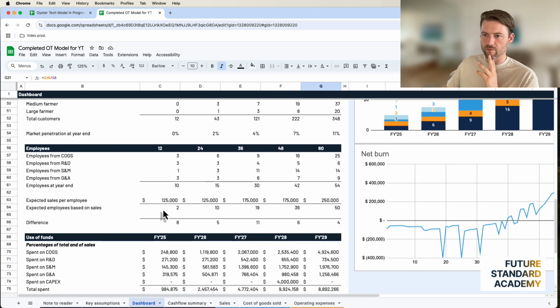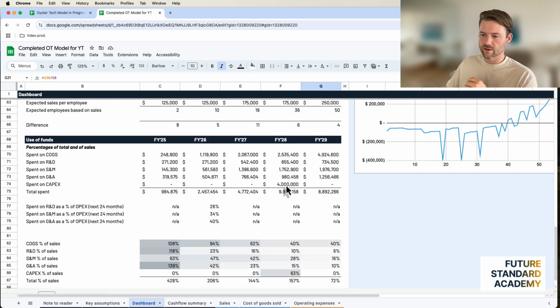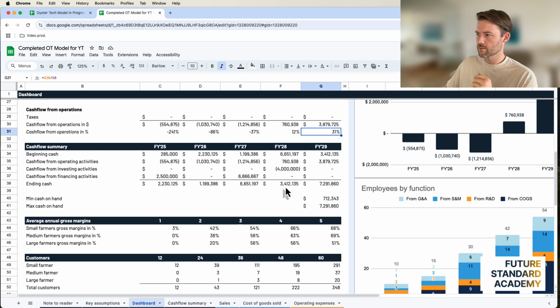I count up the number of employees that would be implied in the modeling and compare them to what we might expect revenue to be based on the amount of employees, used as a proxy. So it's a bit of a gut check to see if there's enough employees built into the model, meaning enough cost. And then there's this use of funds calculation, which I actually don't use anymore.